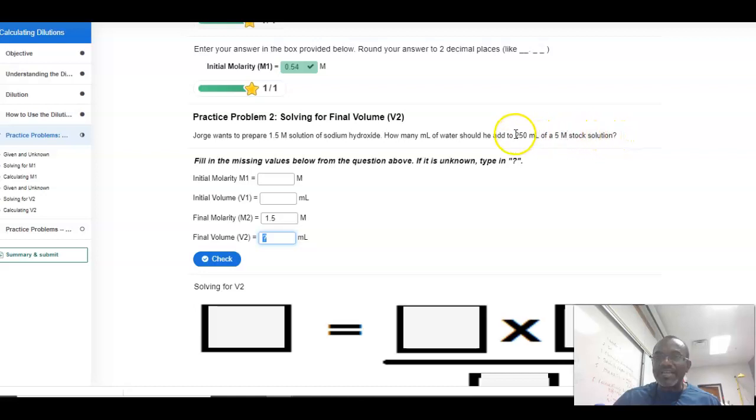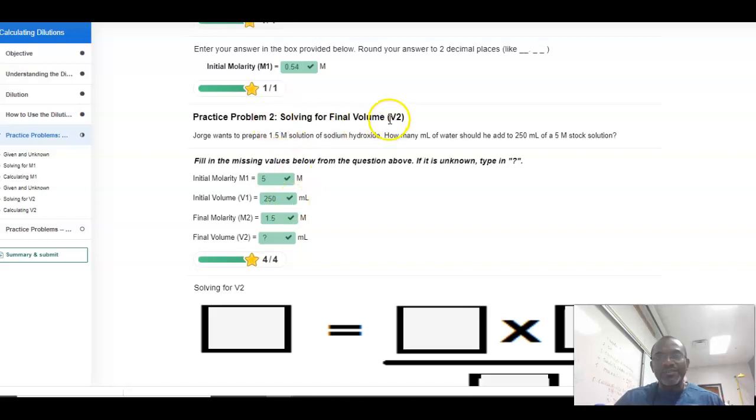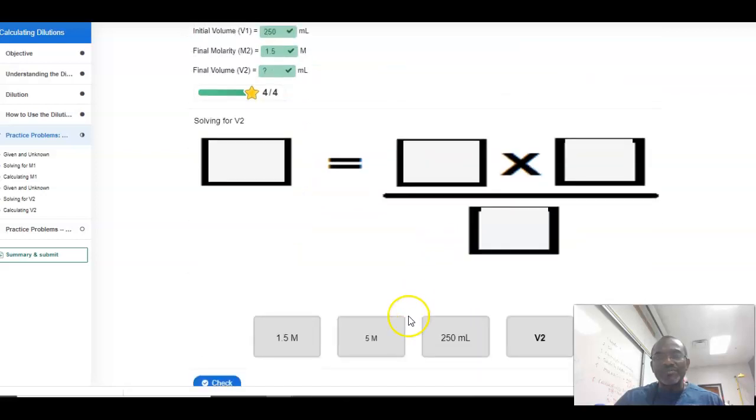In this case, this is going to be my V1, and then this is going to be my M1. Sorry, my M1 is going to be here, 5, and my V1 is still going to be 250 right there. So I'll check. That means it's correct. We were asked to find V2, which means V2 goes here.